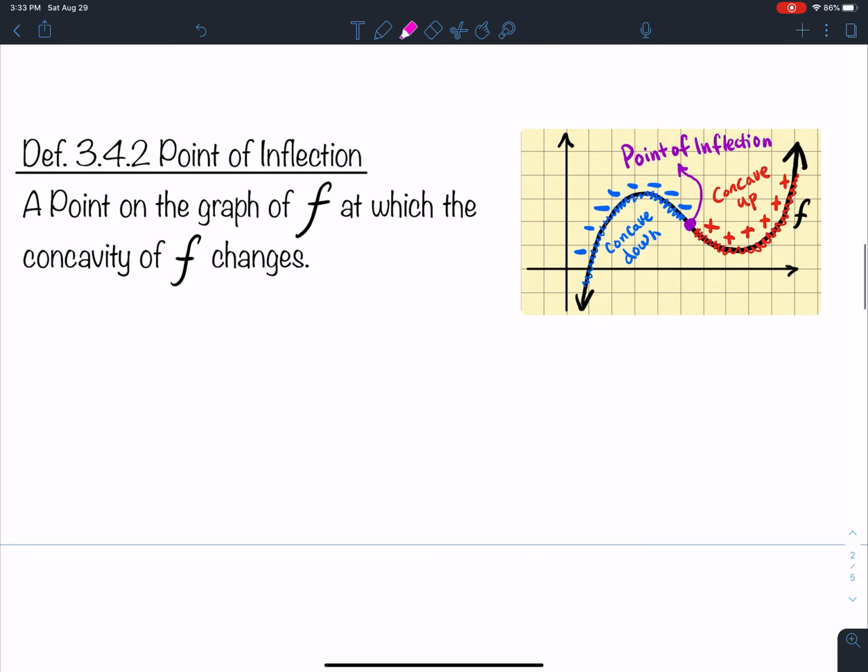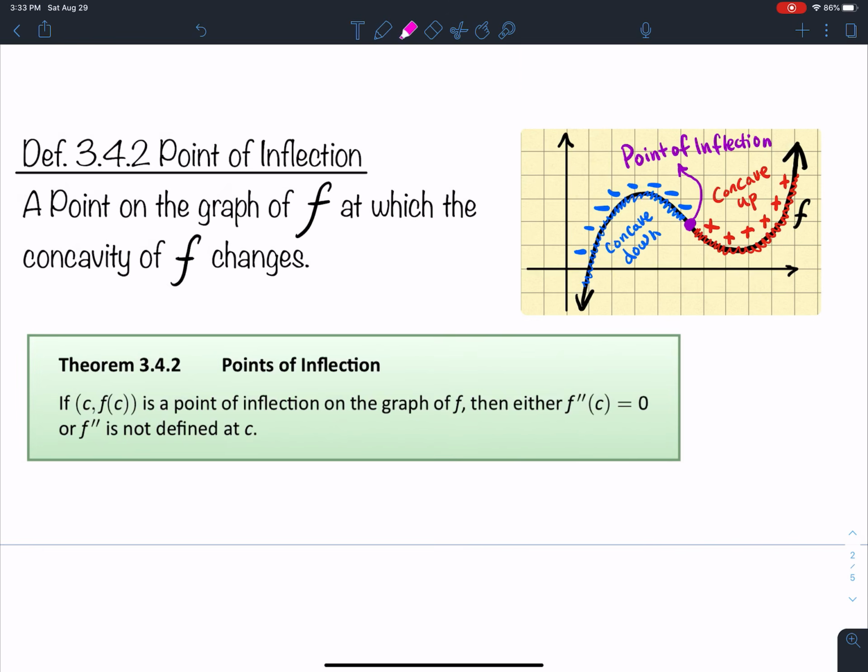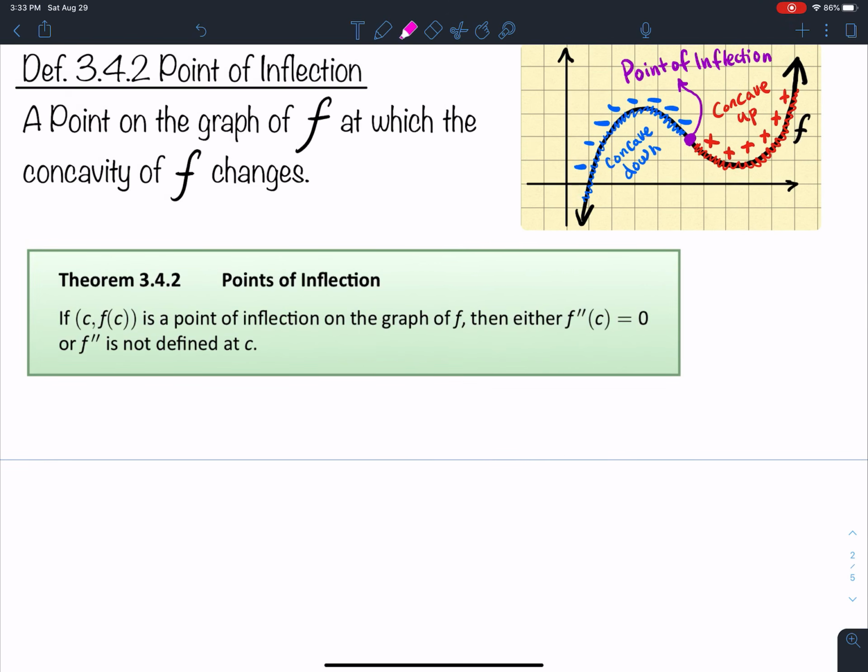Okay? Now, theorem. So I had a definition of concavity or inflection point. Now I'm going to do a theorem for this.